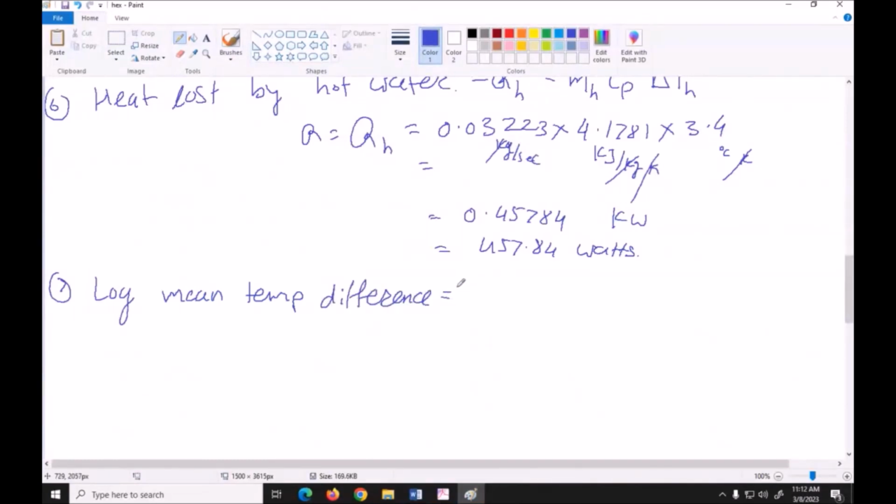Now my aim is number 7, log mean temperature difference. It is called LMTD, denoted by delta TLM or theta m. In some books theta m, theta i, theta o are used, so we'll use delta TM. Log mean temperature difference is given by delta TI minus delta TO divided by ln of delta TI over delta TO.